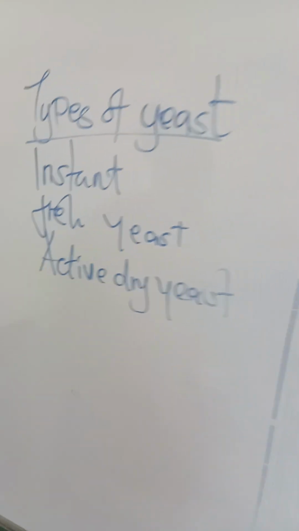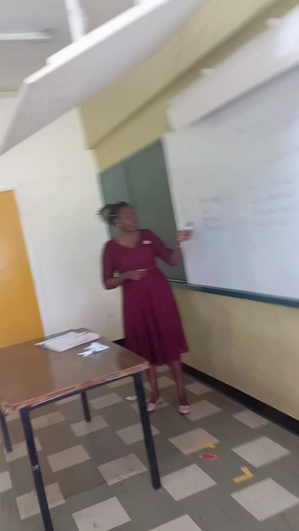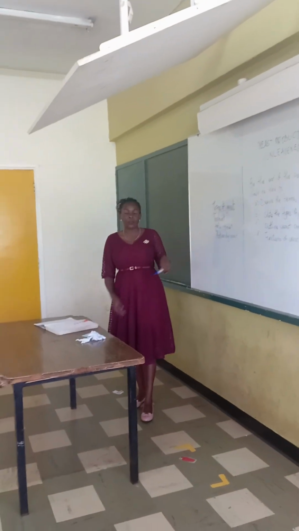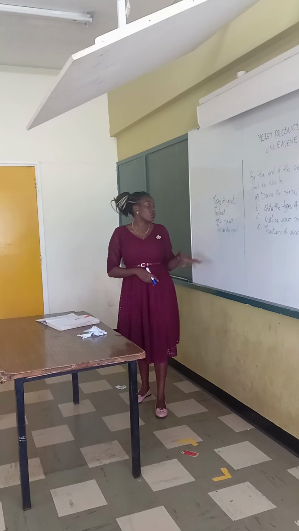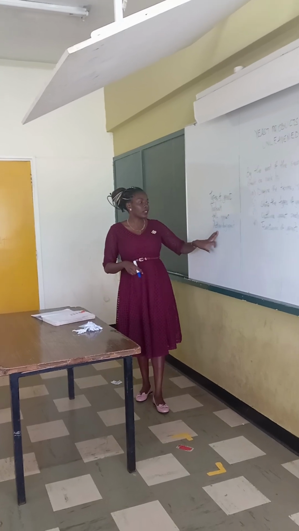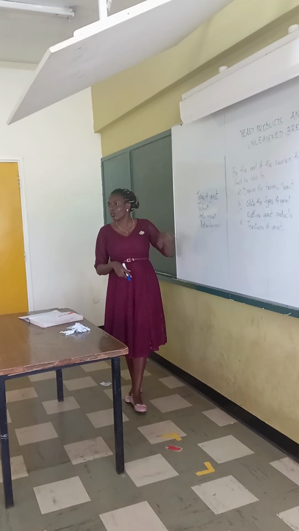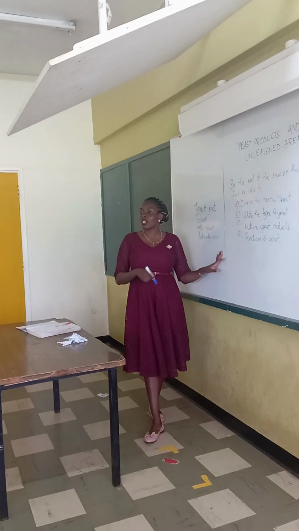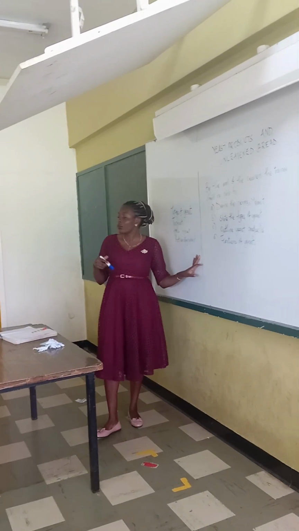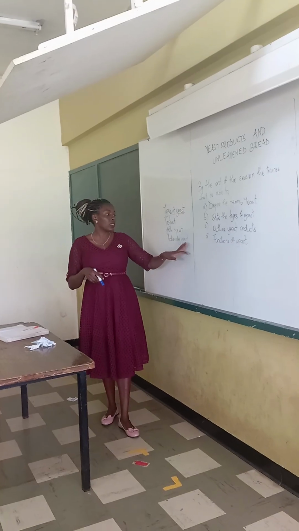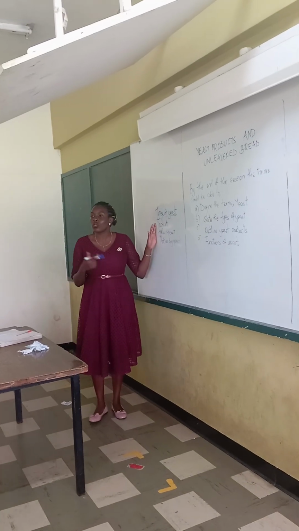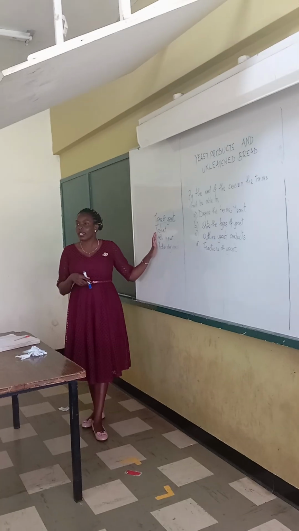Okay, that's good for all of you. So, we have three types of yeast: instant yeast, fresh yeast, and active dry yeast. But in baking, mostly we use instant and active dry yeast. With active dry yeast, we have to dissolve it in hot water for it to be able to be used in baking, while instant, you use it directly while you are baking.